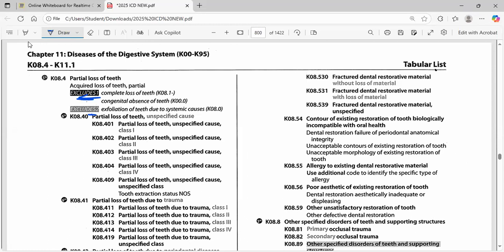Yeah. Perfect. So we have two types of exclude in our manual, exclude 1 and exclude 2. Exclude 1 represents that we have to use only one code, whereas exclude 2 tells us that we have to code both conditions.